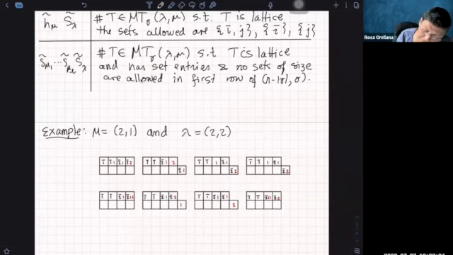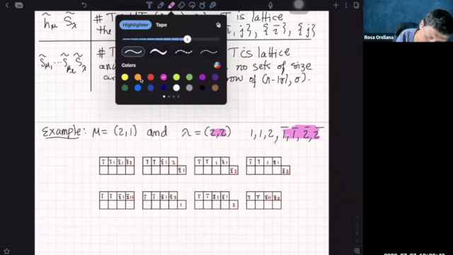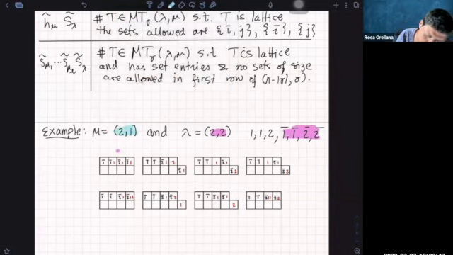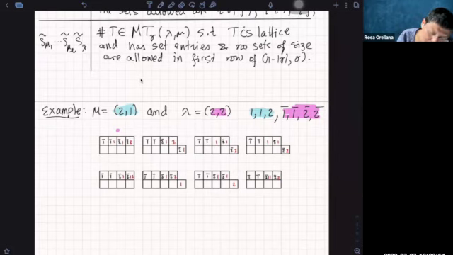This implies that the numbers that I will enter in the tableau, I'm going to have a 1, 1, 2 coming from this, and I will have a 1 bar, 1 bar, 2 bar, 2 bar. So these ones are giving me these ones, and these ones right here are giving me these ones, okay? So let's do the example, right?